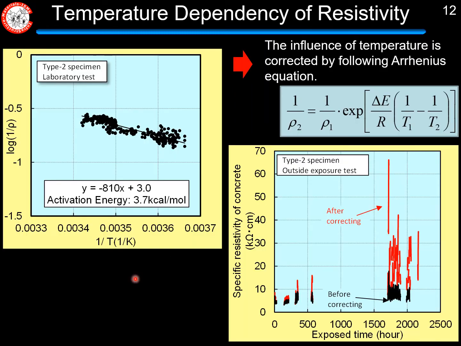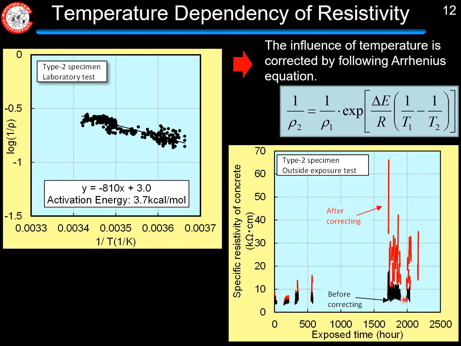In order to remove the temperature effect, we consider the Arrhenius equation. So this is the result of the Arrhenius plot, and we calculate the activation energy of specific resistivity of concrete. Then, considering the Arrhenius equation, the influence of temperature is corrected like this.